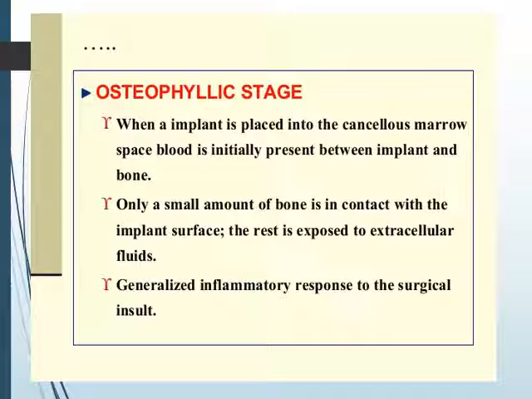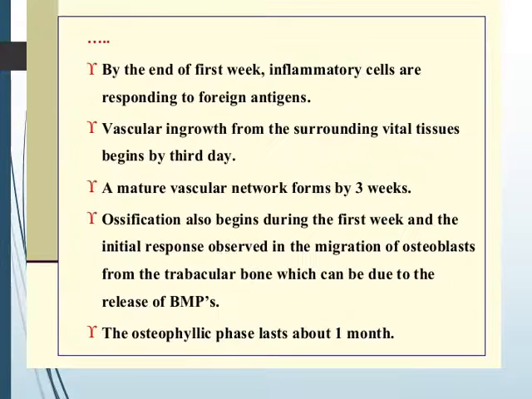Osteophilic stage: when the implant is placed into the cancellous marrow space, blood is initially present between implant and bone as a clot. Only a small amount of bone is in contact with the implant surface. The rest is exposed to extracellular fluid. Generalized inflammatory response to the surgical insult. By the end of the first week, inflammatory cells are responding to foreign antigen.